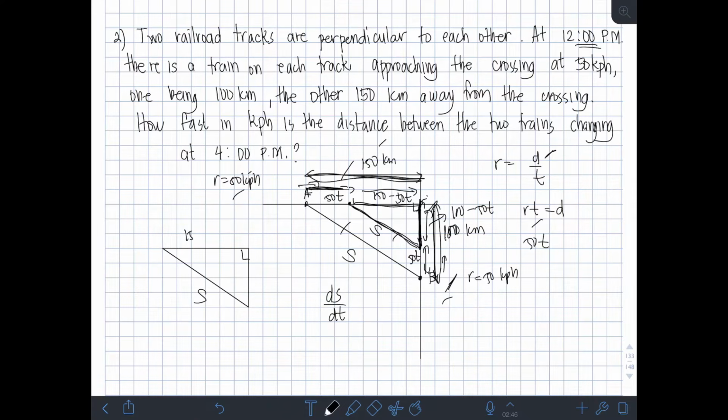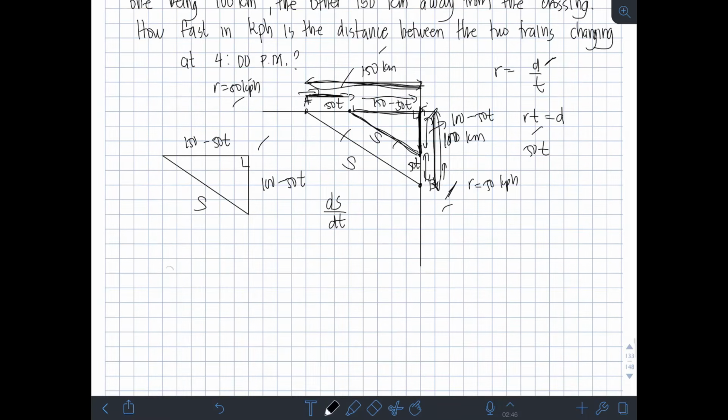So S ito ay 150 minus 50T, ito ay 100 minus 50T. So pwede na natin i-apply yung Pythagorean theorem dito sa right triangle. So we have sum of squares of the legs is equal to the square of the hypotenuse. So, S square is equal to (150 minus 50T) square plus (100 minus 50T) square.